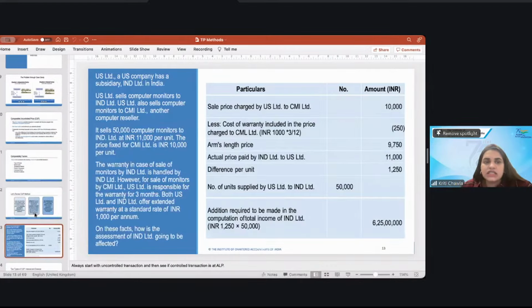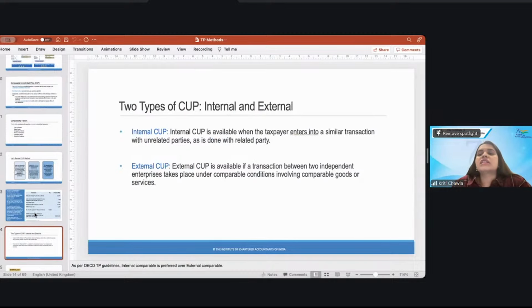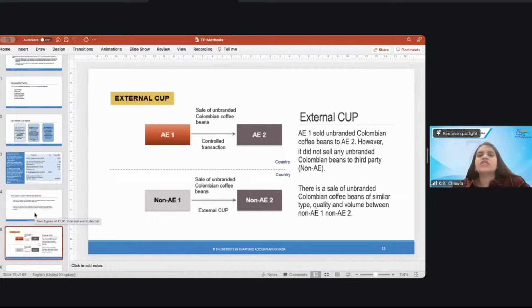After that, we discussed this particular example on the CUP method. And then we discussed that there are two types of CUP. One is called external CUP. External CUP was something that we have been discussing all this while. If you find two independent parties in the market and they are dealing in the same product, etc., then you can adopt their price as the external CUP price for the related party transaction.